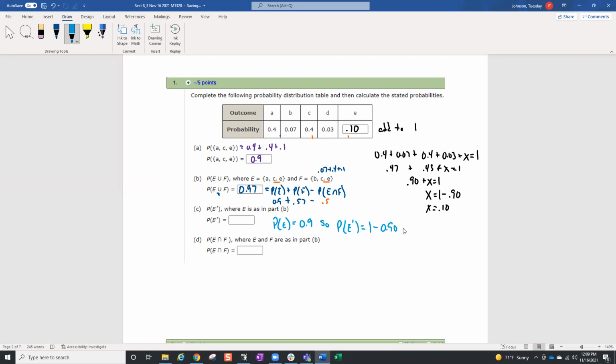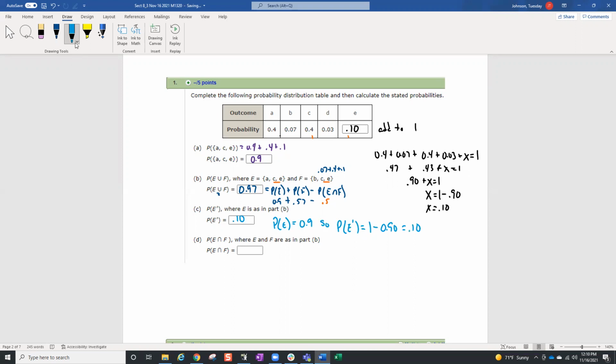We had something very similar earlier. So the probability of event E, capital E, is 0.9. So the probability of the complement, the opposite of that, if it's a 90% chance E happens, is only a 10% chance that E doesn't happen.